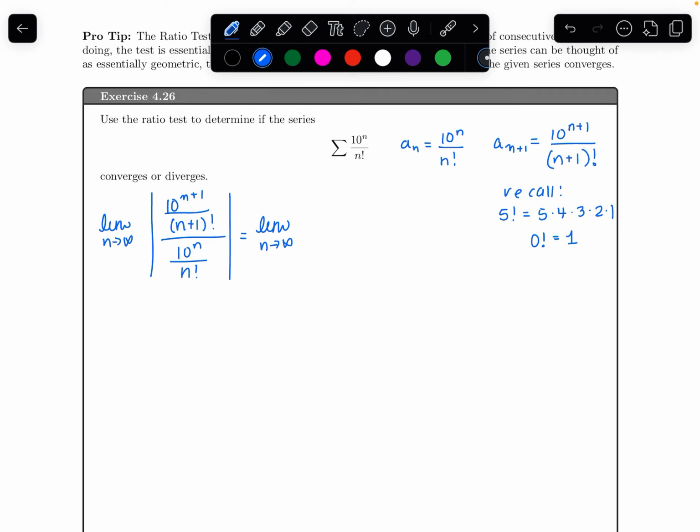N is always positive. We don't need absolute value bars anymore here. We're good. I'm also going to rewrite this as 10 to the n plus 1 over n plus 1 factorial times, flip it, n factorial over 10 to the n. And in my next step, I'm going to simplify. Again, with these exponentials, I'm going to rewrite 10 to the n plus 1 as 10 to the n times 10.